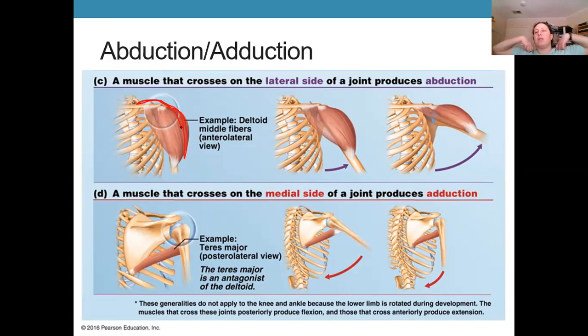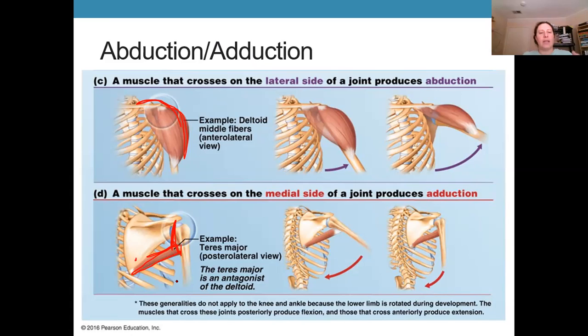So when we flex the deltoid, we raise our arms and abduct. Muscles that cross the medial side of a joint are going to produce adduction. This little guy here is called the teres major. It goes between the scapula and the humerus here, so you can see it's medial to the shoulder joint. When that flexes, it causes adduction and lets you bring your arms closer to your sides.